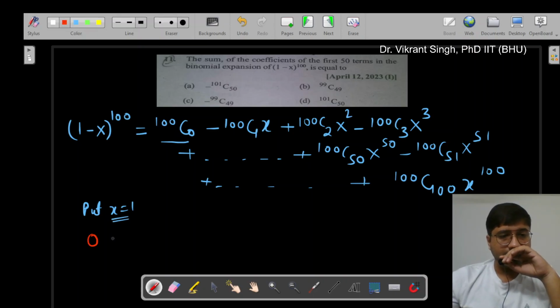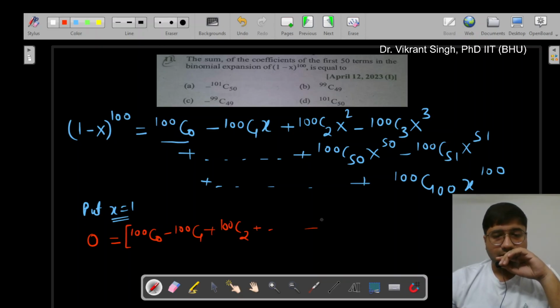Then LHS becomes 0, and 100c0 minus 100c1 plus 100c2 and so on, up to minus 100c49 plus 100c50.